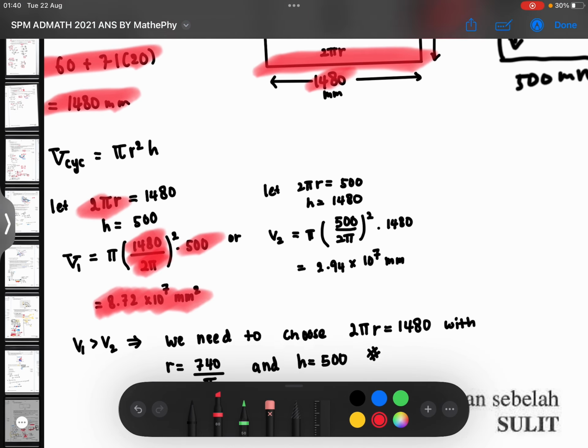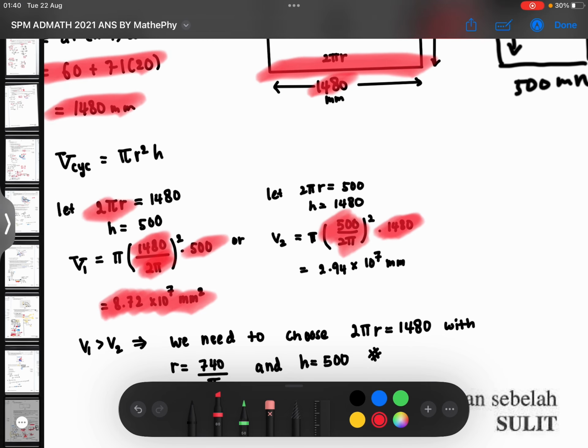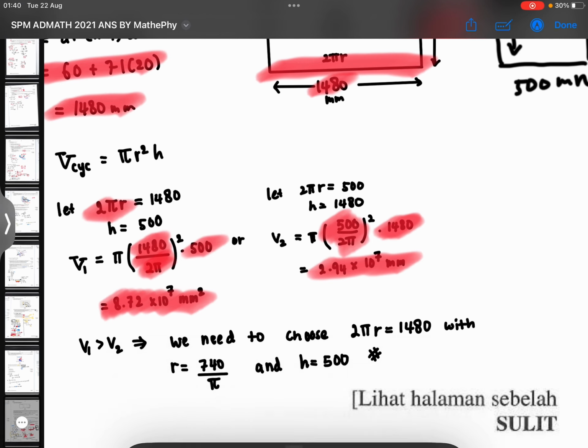And for the second case, I make the height to be 1480 millimeter, and then the radius is this. I get the volume is 2.94 times 10 to the 7 millimeter cubed.